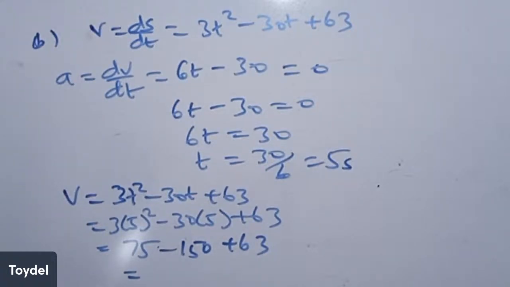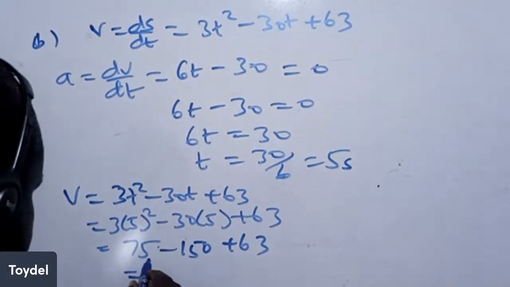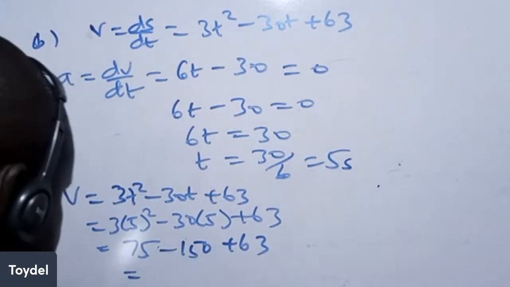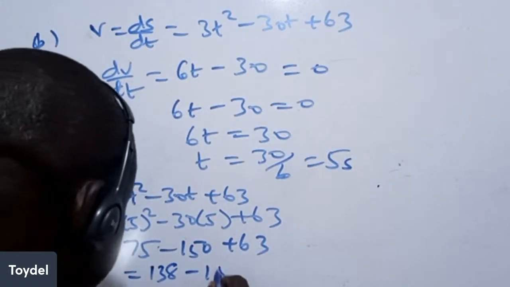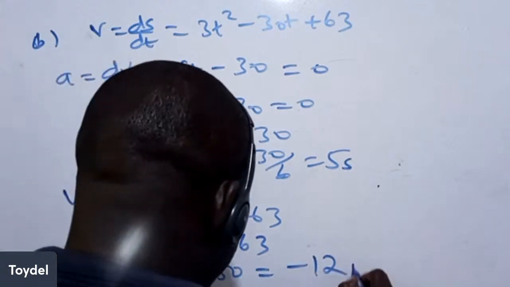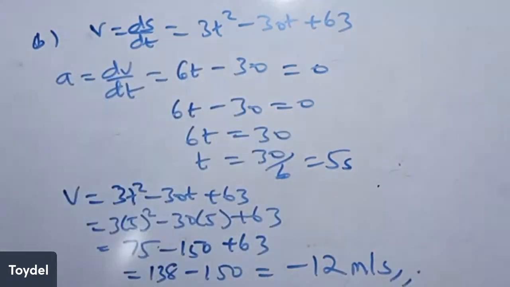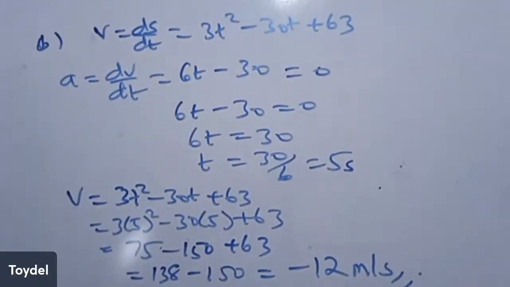So the velocity will now be 75 minus 150 plus 63. That is 138 minus 150, and that will go to minus 12 meters per second. So the velocity will be minus 12 meters per second.